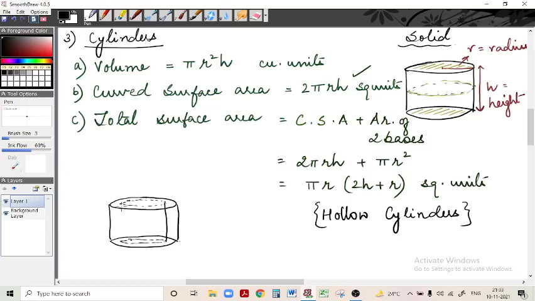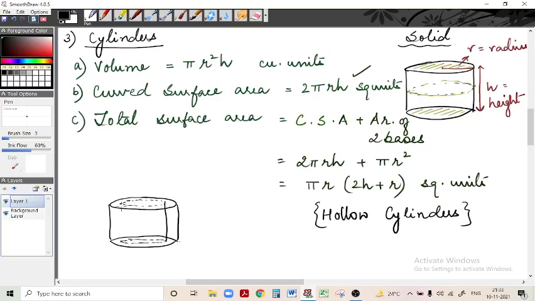Now here, this innermost part is the radius, but this is the inner radius, so I will write r, that is the inner radius.